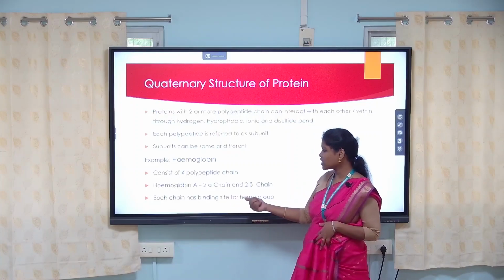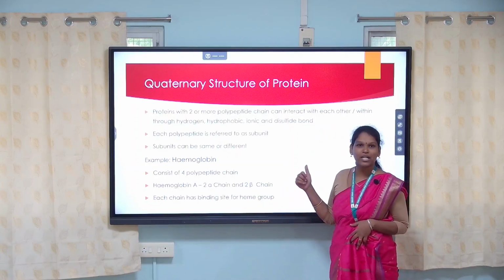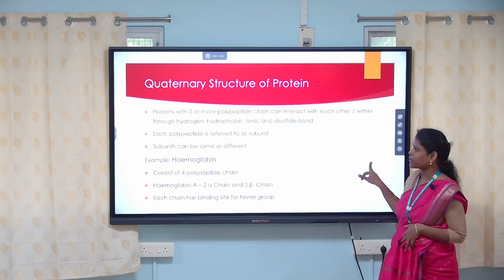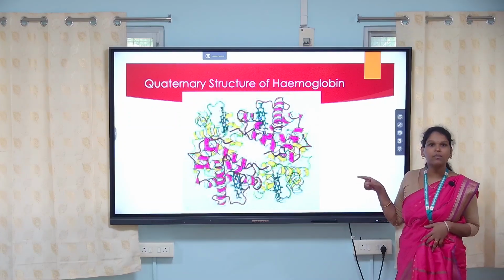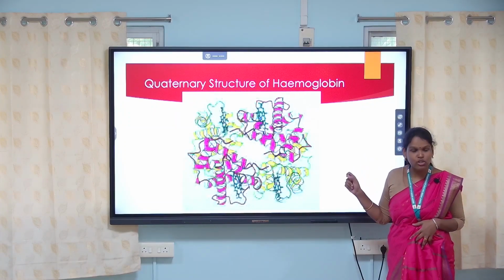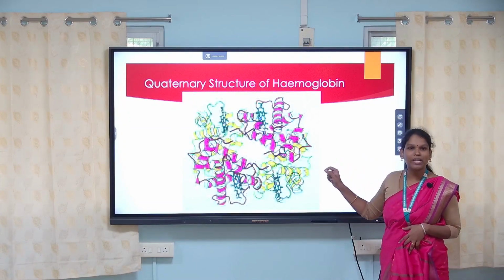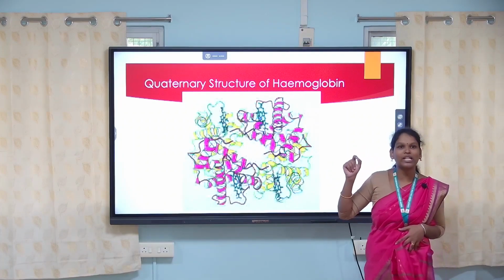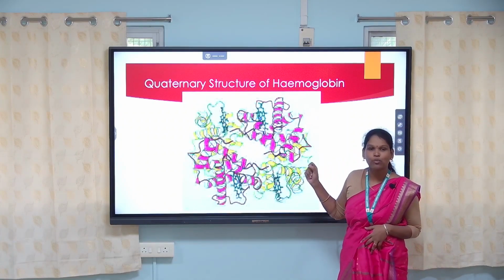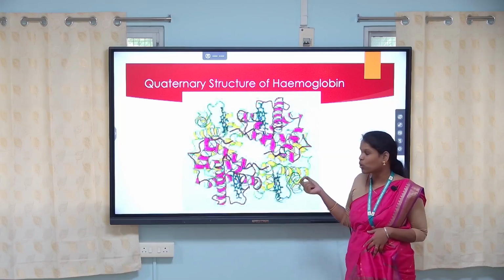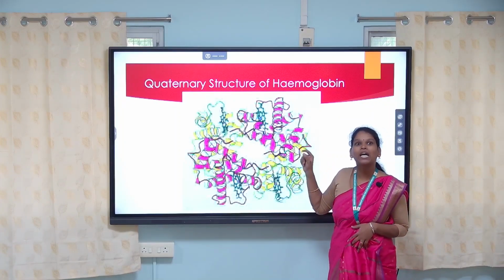Each chain has binding sites for heme groups that are connected with the polypeptide chains. And here I am highlighting the 3-dimensional structure of hemoglobin. It is retrieved from the Protein Data Bank, and we can easily retrieve other proteins also.